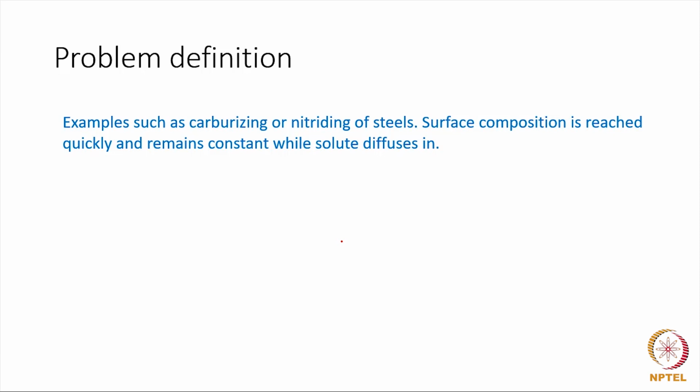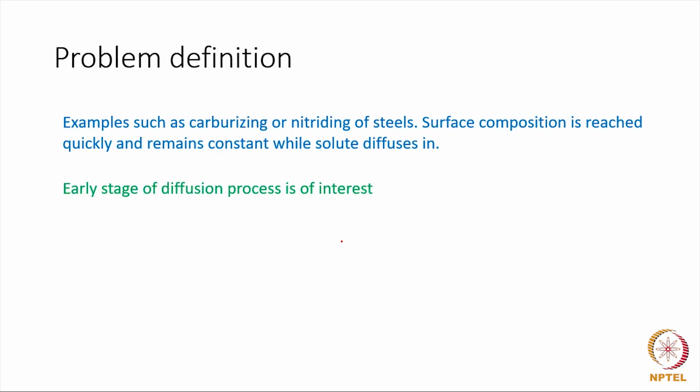The reason is that the surface composition is reached very quickly because of the interface equilibrium, and the composition at the surface remains fairly constant during the time when the process of carburizing or nitriding is taking place, and the solute, namely the carbon or nitrogen, would be diffusing into the steel.